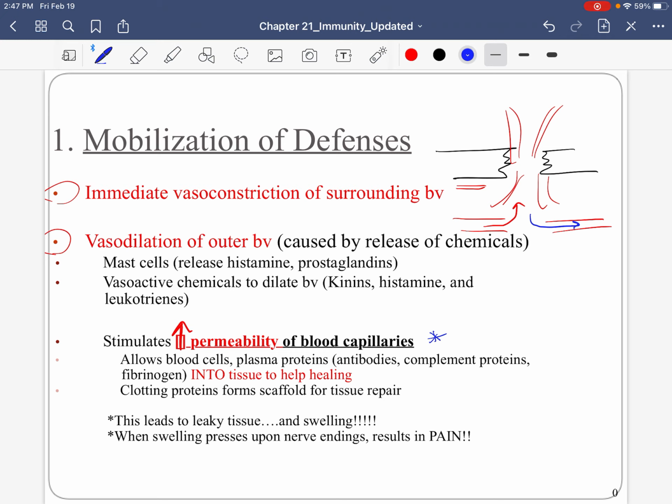So initially, the capillary walls are more permeable than usual, right? So in this initial response to tissue damage, the capillary walls are more permeable than usual. The reason why is because it wants to allow us to bring in more supplies for healing. But one of the downsides is that it does lead to more swelling.